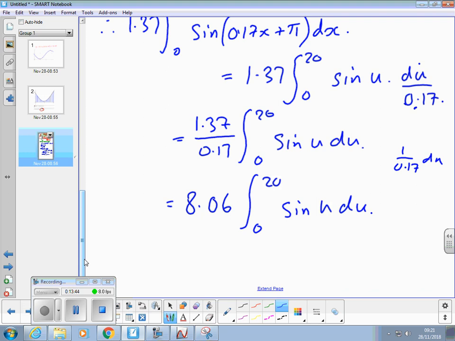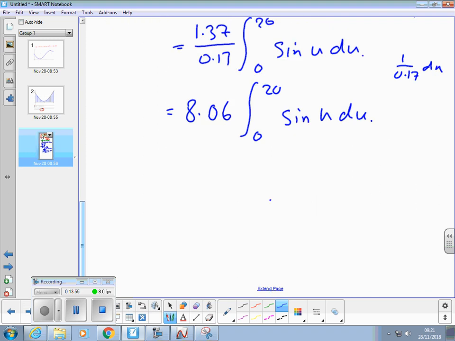Right, so in your table of integrals, what's the integral of sine u? Because we're now going to integrate between 0 and 20, so it's going to be 8.06 times something in that bracket.